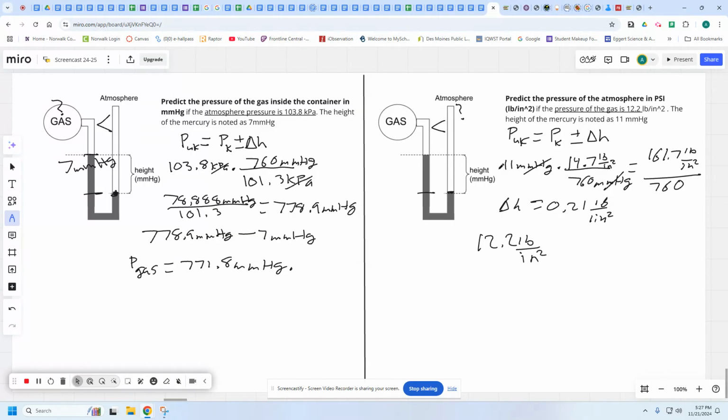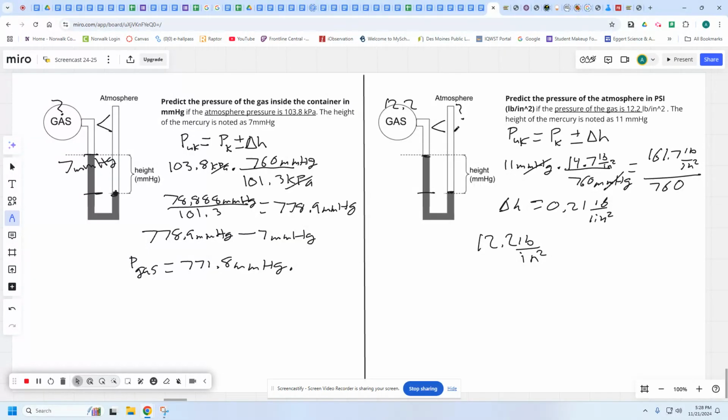I want to get the atmosphere. I have to conceptually think, is the atmosphere going to be greater pressure or less pressure? And if you remember, we've already identified that the atmosphere must be applying more force on the area of mercury to shove up the weight column of that mercury, so it must be under more pressure.